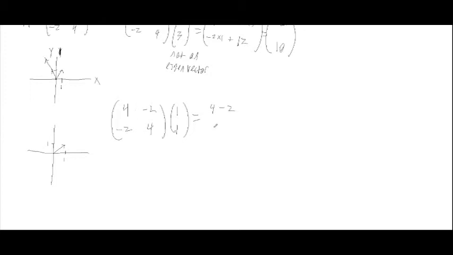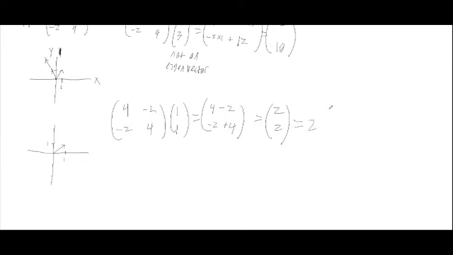Minus 2 times 1 is minus 2, and 4 times 1 is plus 4. And so we end up getting 2, 2 as our new vector.